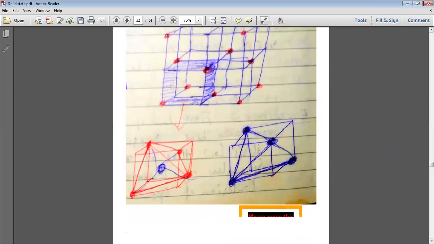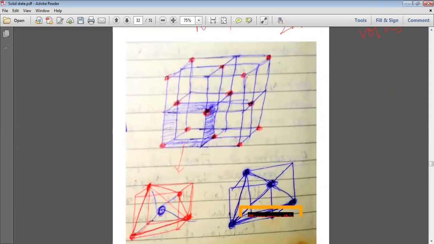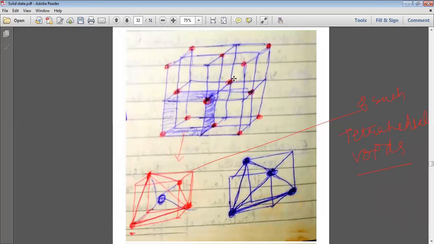In the same way, there are 8 such units available where we can get 8 such tetrahedral voids. So now, my dear student, you can easily understand that if we have 4 particles in a face-centered cubic cell, then we will have 8 tetrahedral voids.